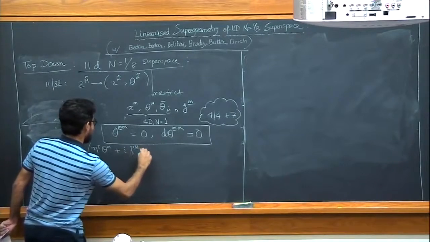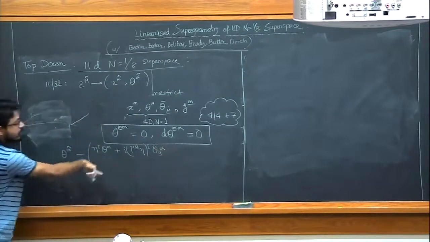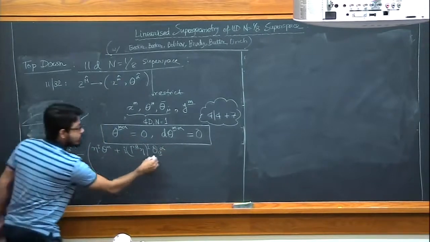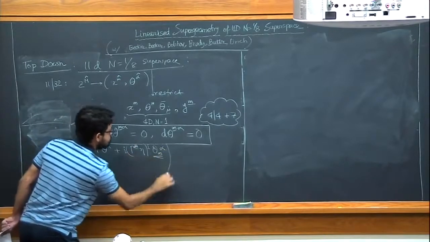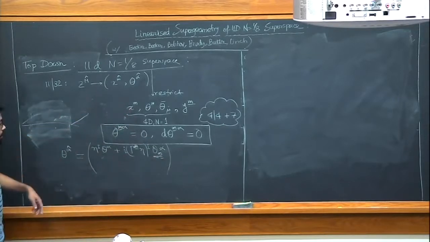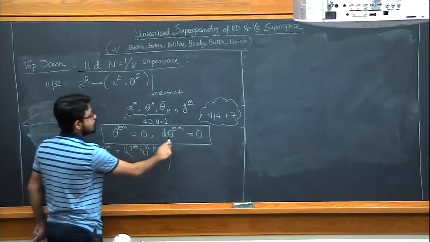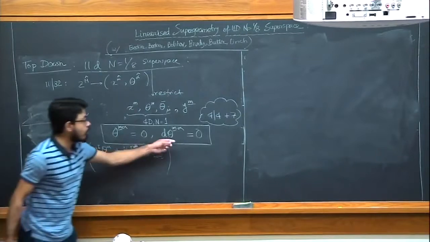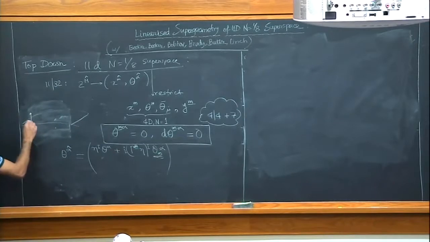Gamma^a theta^I, theta^a alpha, and similarly for the alpha dot, right? So you can imagine that this is just n. Okay, so those are these 7 extra theta^m alphas and theta-bar^m alpha-dots as well. We are setting them to 0, and we are setting these one forms to 0 also, because we don't want to go off the constraint surface. Okay, so this is the superspace that we are trying to construct.